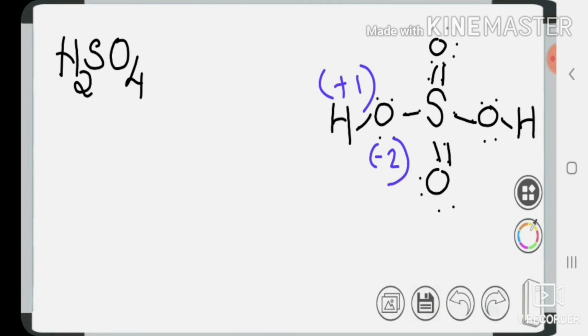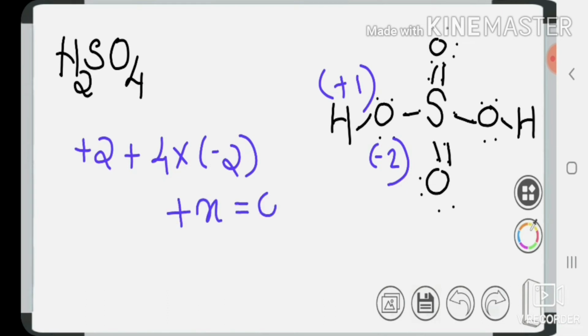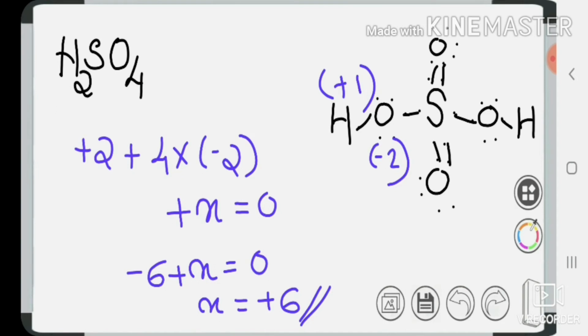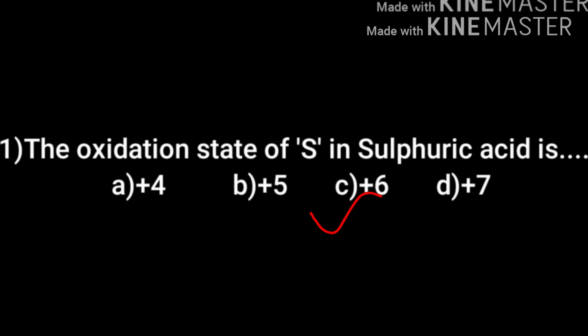So 2 hydrogen means +2 charge, plus 4 oxygen means 4 into -2, and the sulfur atom can be represented as X, equal to 0. There is -6 plus X equal to 0, and X, that is the oxidation state of the sulfur in H2SO4, equals +6. So the correct answer is option C, +6.